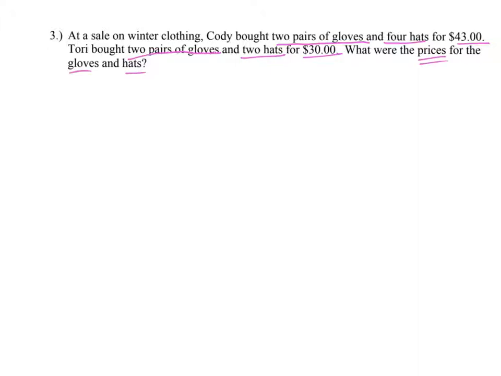And so it's kind of like that same problem we did with the bread and the muffin. It's looking for the price of gloves and hats. So automatically I'm thinking, okay, then I can declare my variables as gloves price and then hat price.